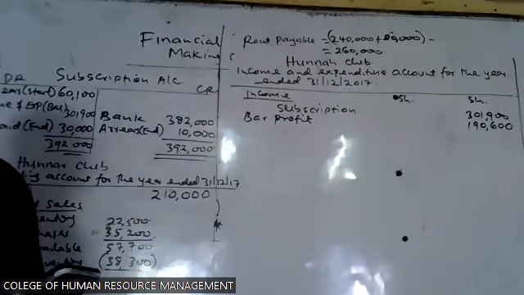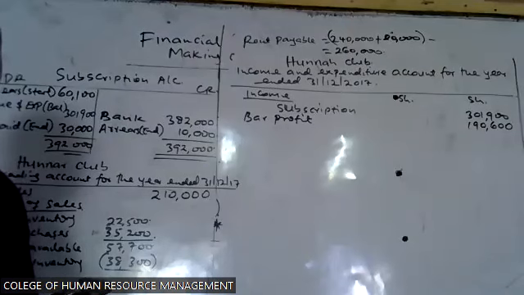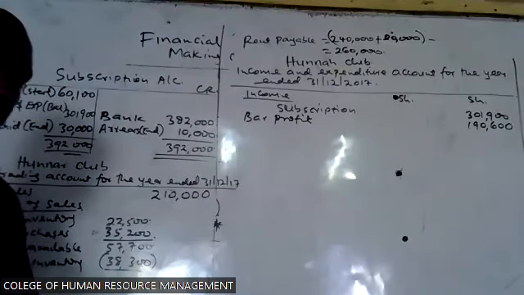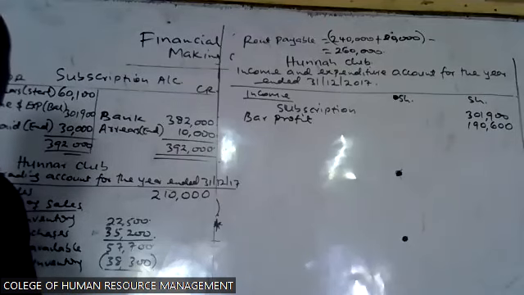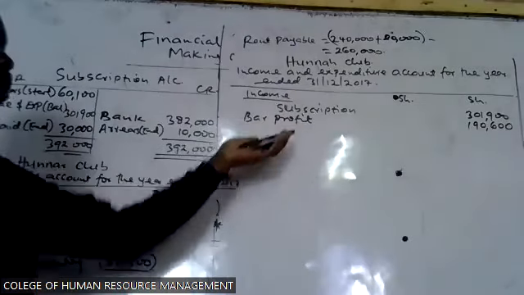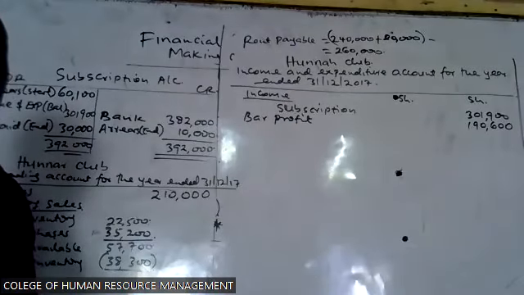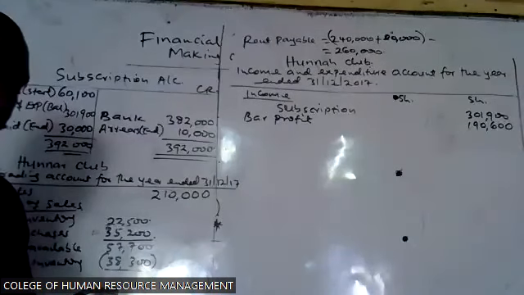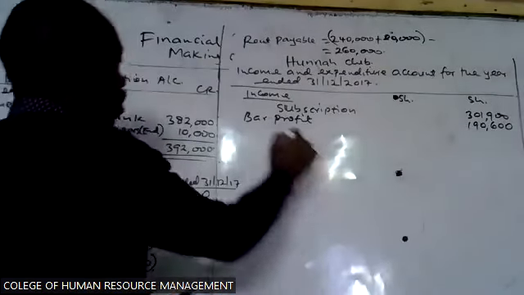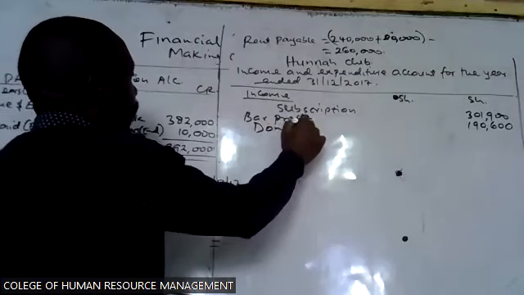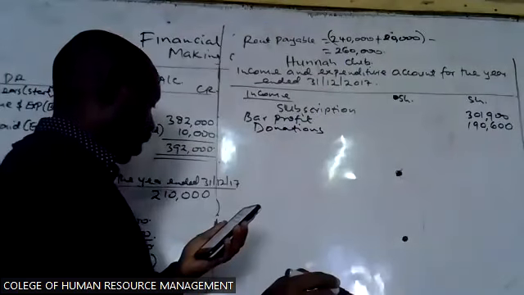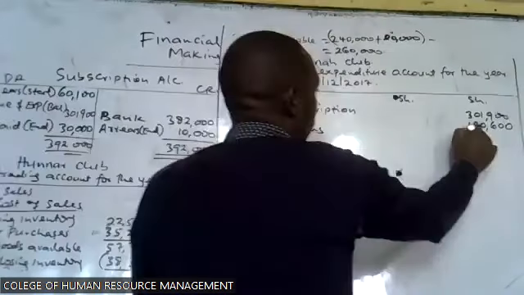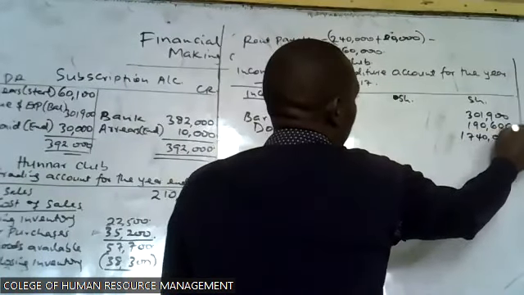Once you have written those two, those are the ones that were requiring adjustment. Go to the receipt side of the receipt and payment and locate whether we have got anything else that we received that is not related to subscription and bar profit. You can realize that we have donations. We included them here. The donations were 1,740,000.